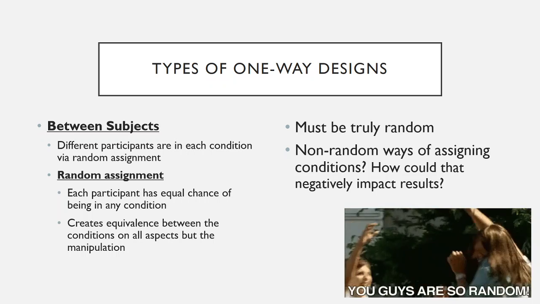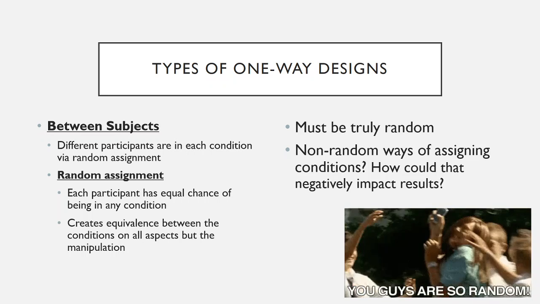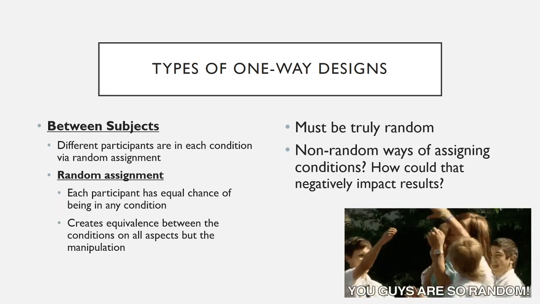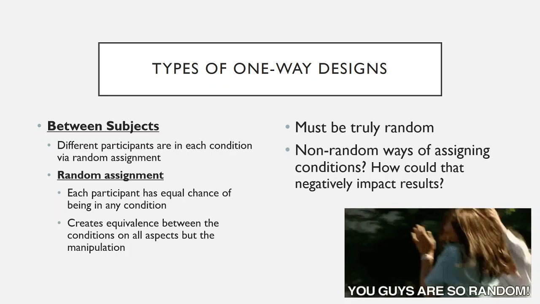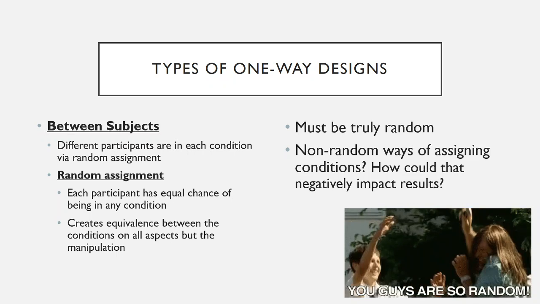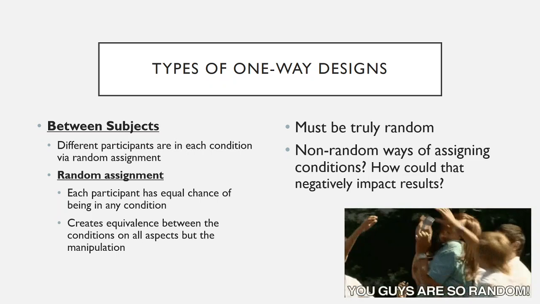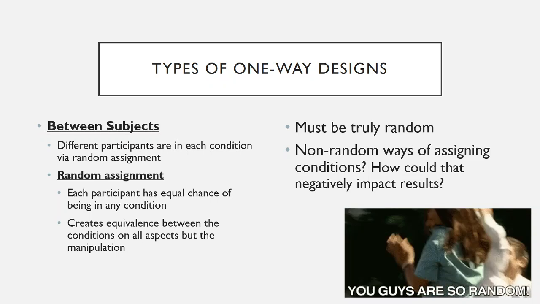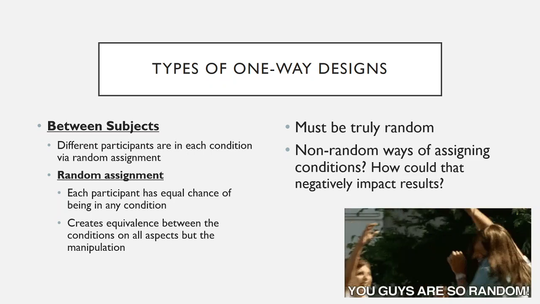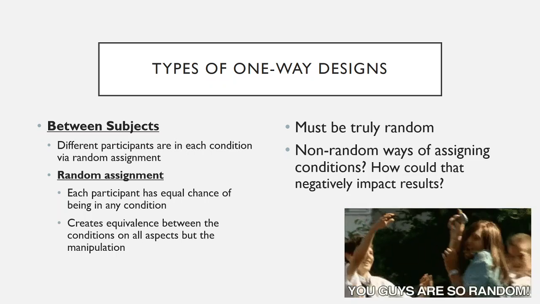Here's another example that researchers often have to keep in mind. Let's say I decide to recruit all of my experimental participants from an undergraduate subject pool who signed up earlier in the semester. Then my second condition was all students who signed up during finals week.